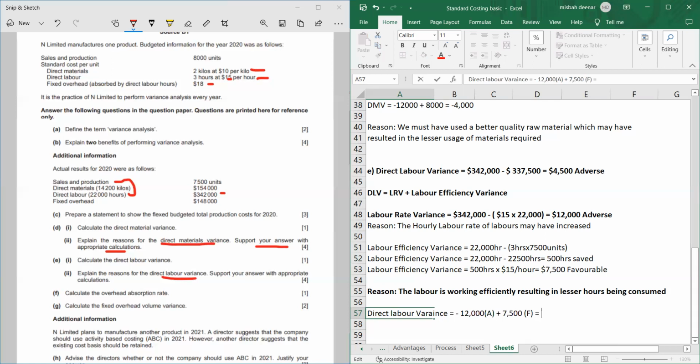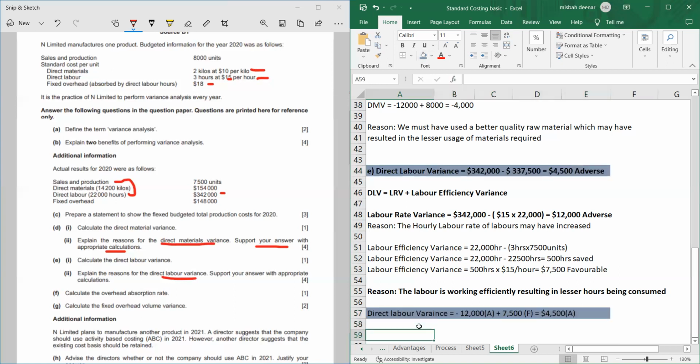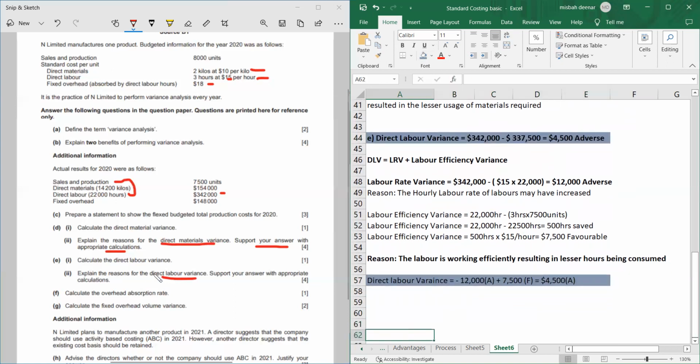So it will give us a variance of $4,500 adverse. We can see that this is matching exactly, so all our calculations are done right. Then we got our 4 marks.